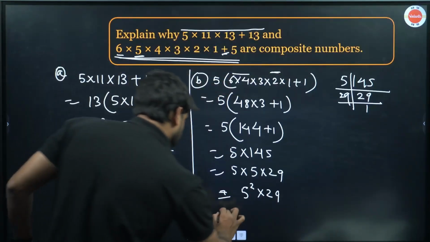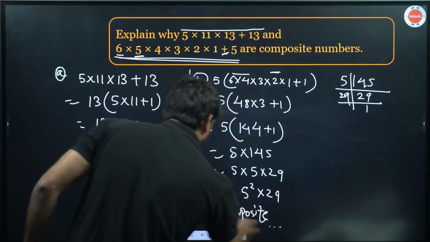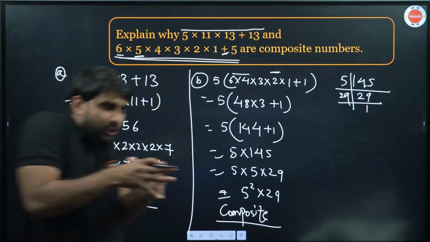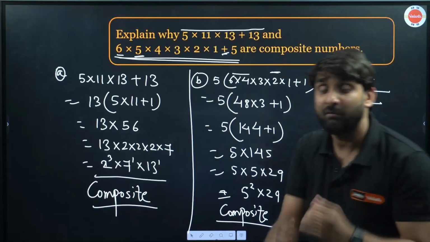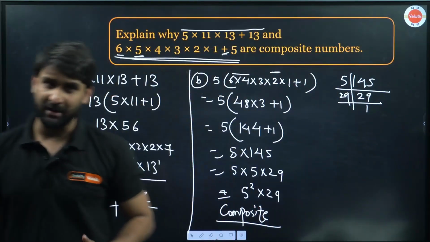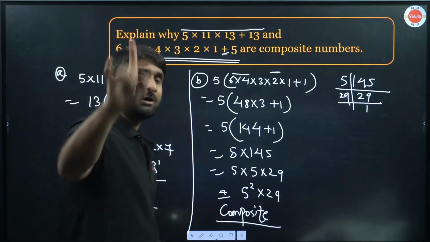So of course this will be a composite number. I hope this is clear to you all, champion. So the identity of a composite number is that the number should have more than 2 factors. Please keep it in mind. The number should have more than 2 factors.